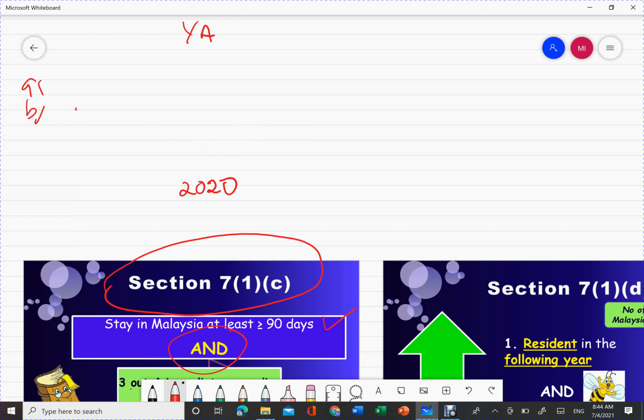He does not get resident status. So we proceed to check whether he is entitled to resident status under Section 71C.